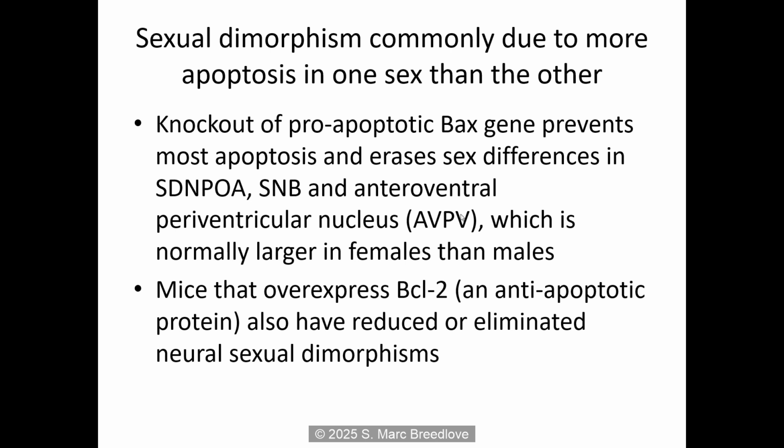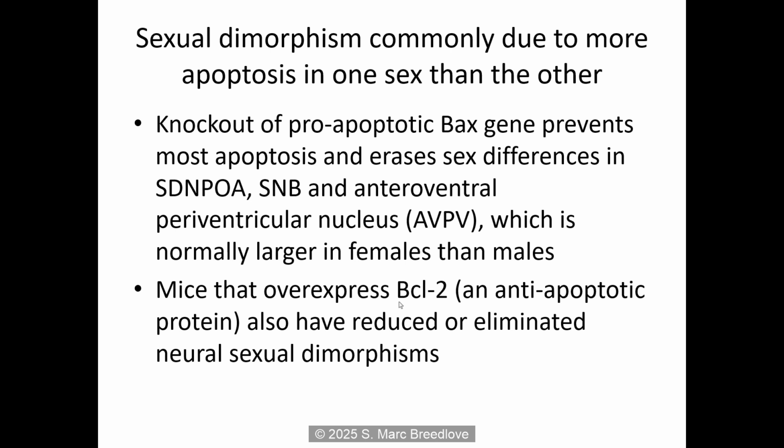And in that case, testosterone promotes apoptosis. So far, of those animal models where there's sexual dimorphism in the brain that involve differences in neuron number, in all of those cases, testosterone is regulating how many cells live or die. And one way that people have shown that is you can get animals that overexpress BCL2, remember that, the anti-apoptotic protein.